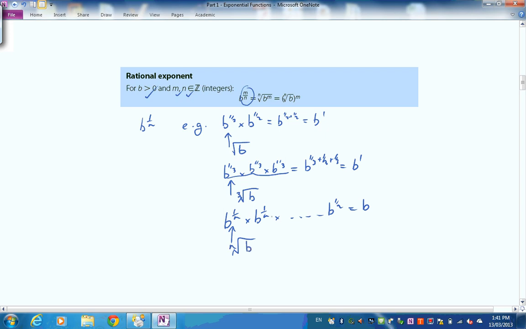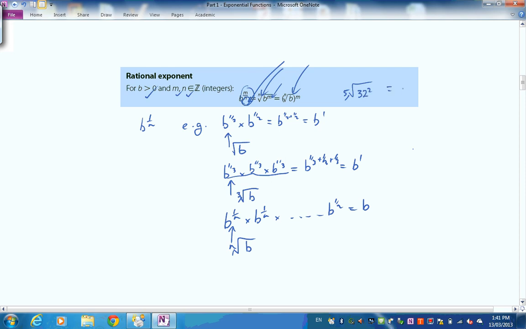So in other words, when you have a fractional rational power, the bottom part of that, the n, means the root. And then you raise b to the m separately from that. So I think the best way of doing these is this one here. Let's do an example. What is the fifth root of 32 squared?